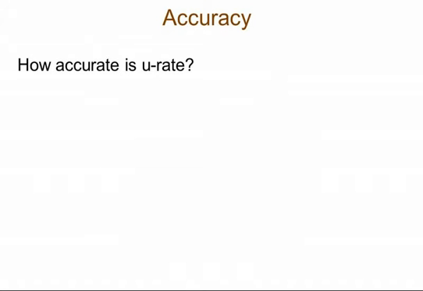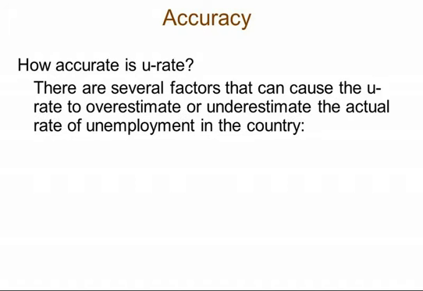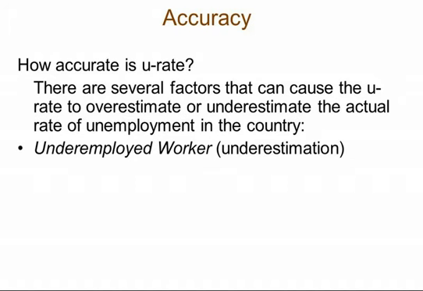Now, when we talk about the accuracy of the unemployment rate, we have to take into account that sometimes the unemployment rate does not account for certain things, which leads to inaccuracies. For example, there's a type of worker we call the underemployed worker.